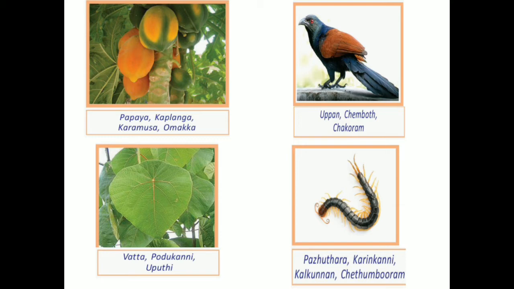So to solve that problem, scientists decided to give a standard name for each organism, that means a globally well accepted name. And that solution was binomial nomenclature. So today we are going to discuss the topic binomial nomenclature. Binomial nomenclature simply means the scientific approach of naming organisms, or a scientific method of naming organisms.